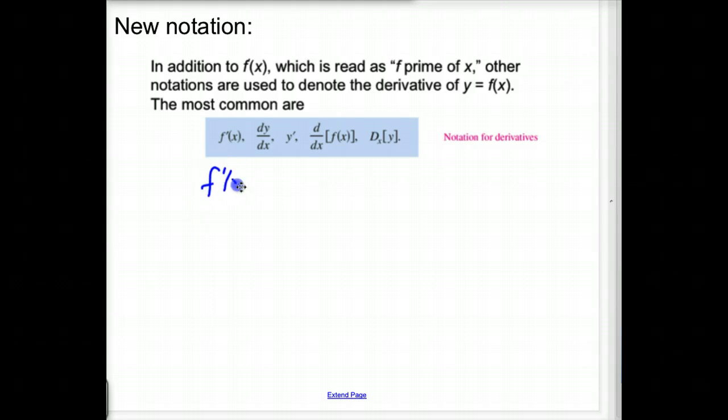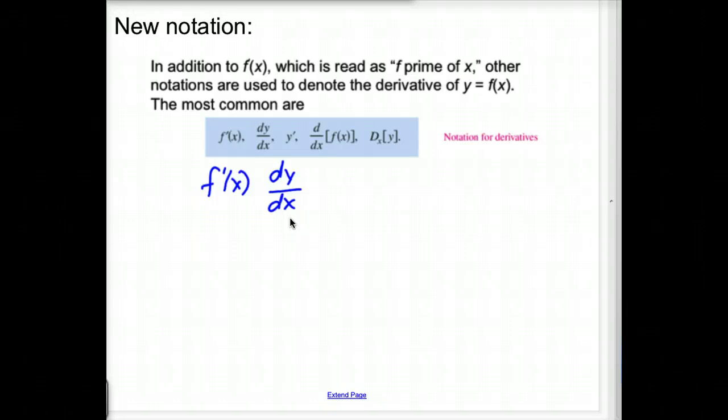F prime of x is the most common way that you'll see derivative written. Also dy dx. They're almost equal in terms of how often you'll see one or the other. The reason we have different notations is because two different mathematicians came up with the derivative at two different times, Sir Isaac Newton and Gottfried Leibniz. Isaac Newton was English, British, and Leibniz was German, and they were both working on this derivative problem at the same time.